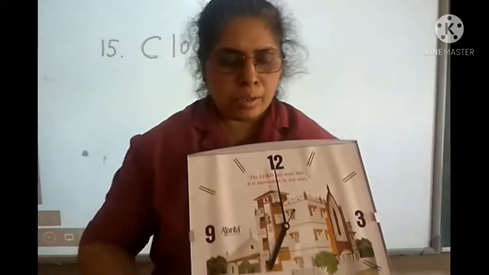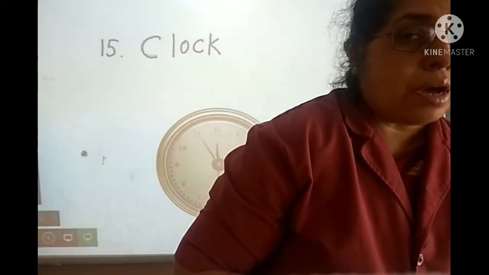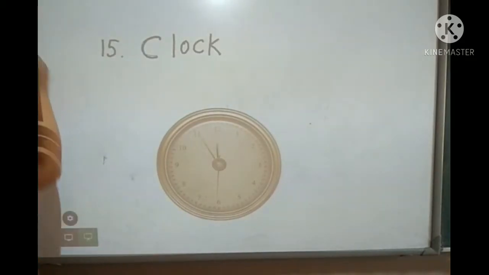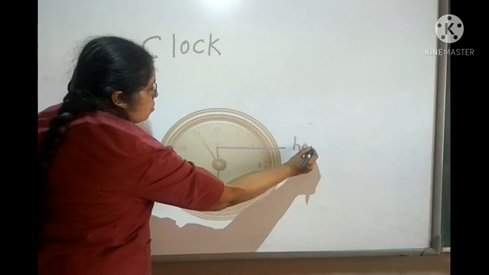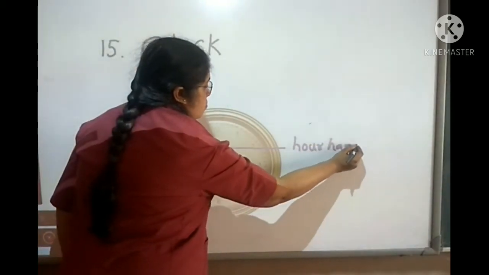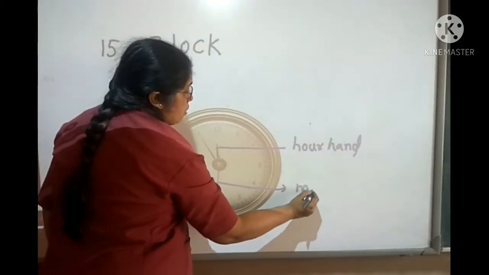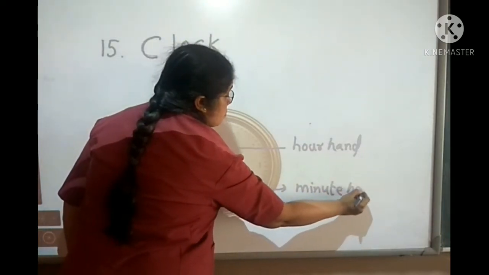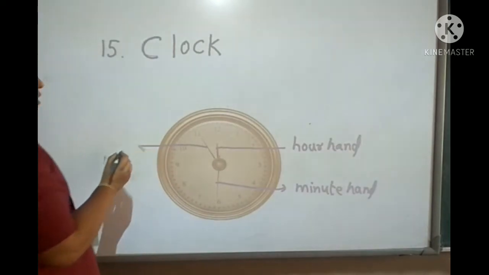So this smaller hand is the hour hand. This one, the long hand, is the minute hand. This is the second hand.